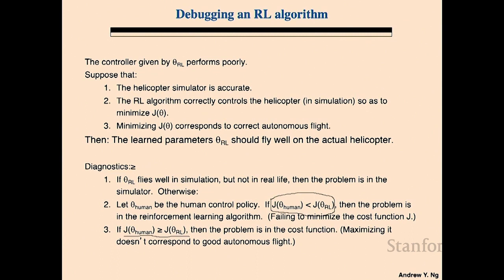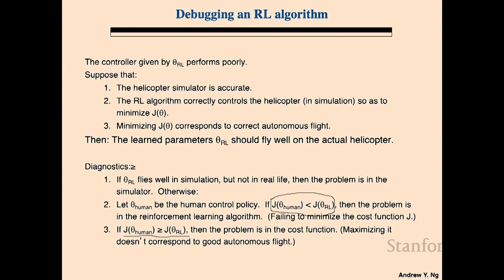Then we work on that, and after a while, we'd say, oh, looks like that's also good enough, and the problem is in the cost function. Sometimes the location of the most acute problem shifts. After you've cleared out one set of problems, it might be the case that now the bottleneck is the simulator. And so I often use this workflow to constantly drive prioritization for what to work on next.